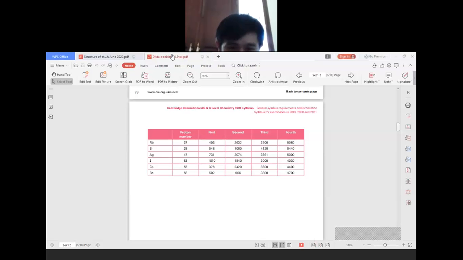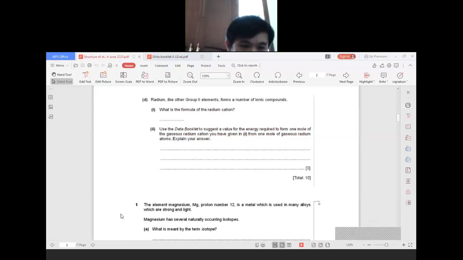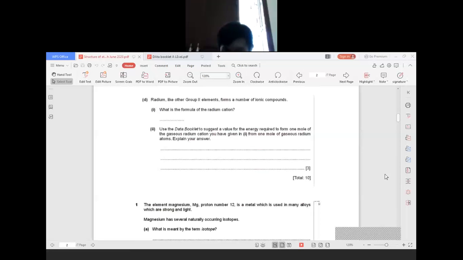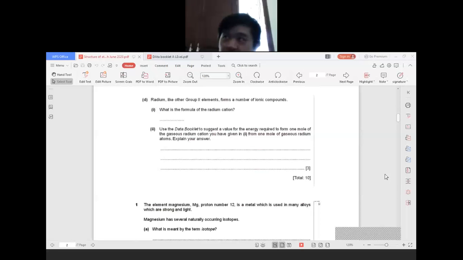And then the first ionization energy plus the second ionization energy is the total energy required. So what is the prediction of the value? Around 1400. If a student answers 1200, is it correct?